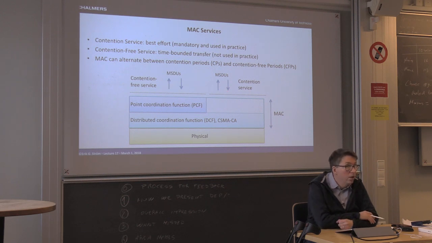It provides transmission of MAC frames, and it's best effort, so there are no guarantees that the data reaches the destination. There are actually two ways that the MAC could be built. There is something called the distributed coordination function that we will talk about in detail in a while.